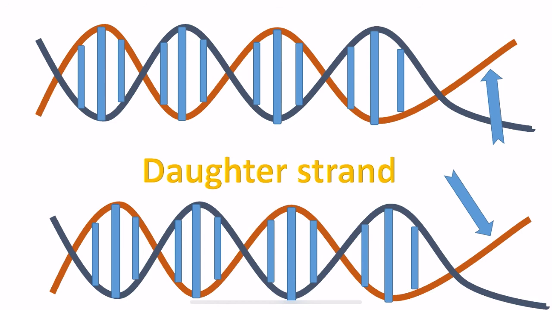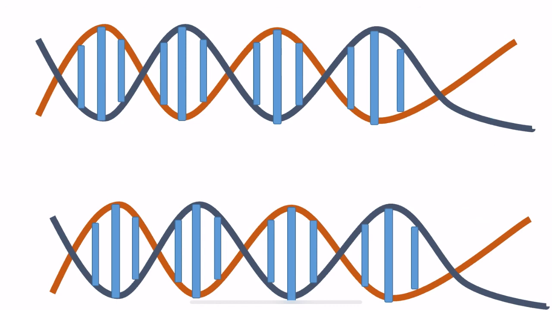After the replication ends, again the DNA will open up, it will start its unwinding, and the procedure of another replication will begin. And that is how from 1 to 2, 2 to 4, 4 to 8, and so on, the DNA will be multiplied. So that is the simple structure of how DNA will be formed.